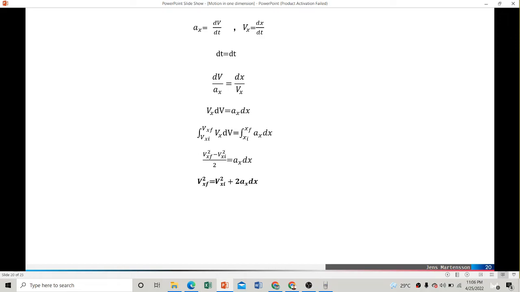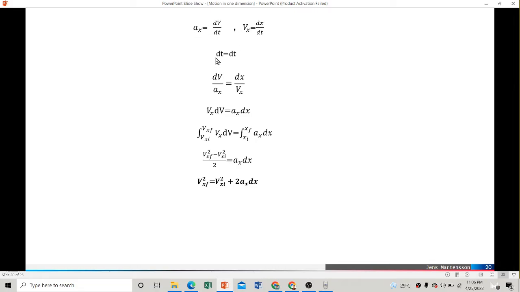So we could also derive the equation, no, for the last nga equation nga na derive na nato before. So using these three nga defining pag-define sa acceleration and velocity.